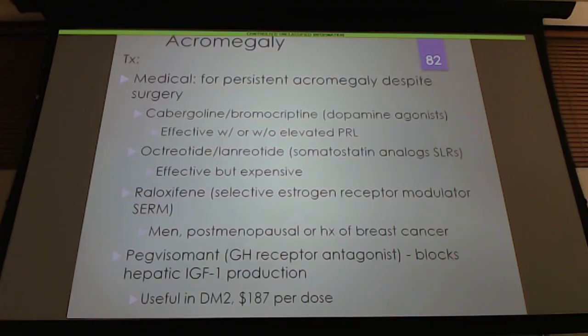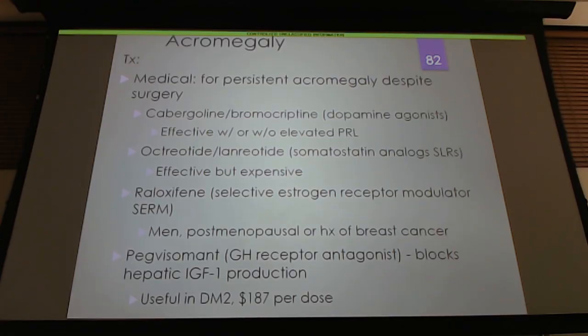If you do surgery and they're still struggling, then you can do different treatments. Did Pharm go into the somatostatin analogs at all? Okay, I don't dive too much into them. I just need you to know that there are medication options.